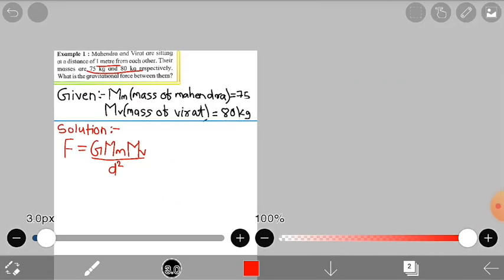So here the value of G is 6.67 into 10 raised to minus 11. The mass of Mahendra is 75 kg, the mass of Virat is 80 kgs, and the distance between them is 1 meter.